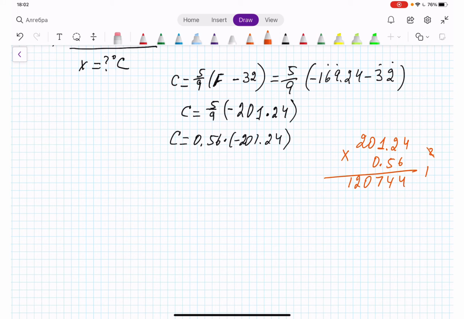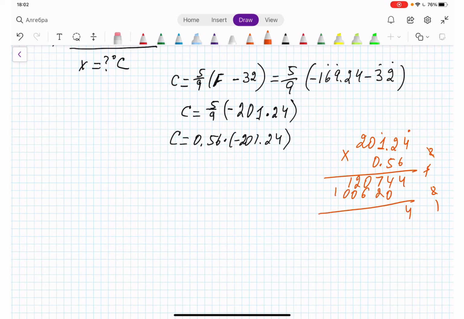Next one, multiplying 5. 5 times 4 is 20, 2 in mind. 5 times 2 is 10, and 2, 12, 1 in mind. 5 times 1 is 5, and 1 is going to be 6. Here is 0. 5 times 2 is 10.